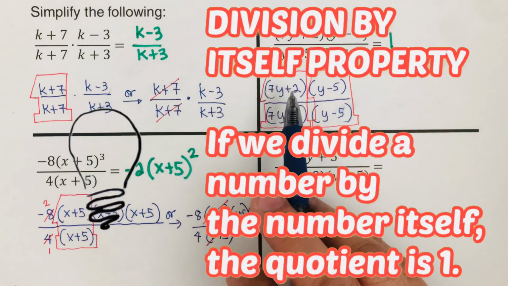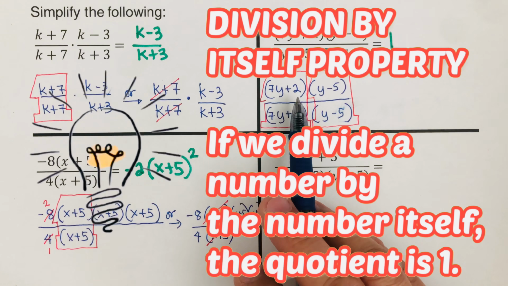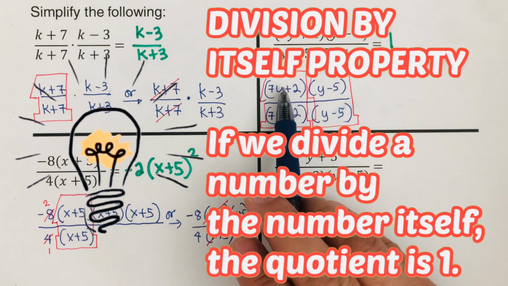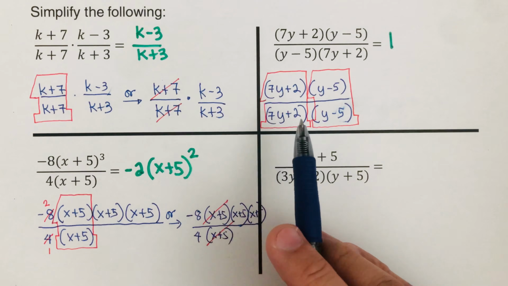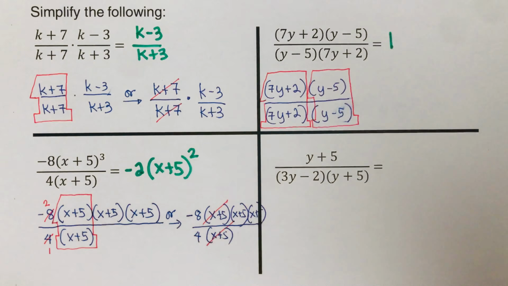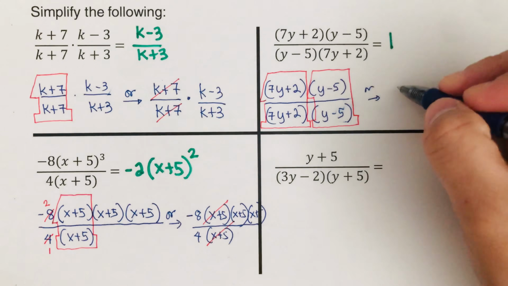So we remember the division by itself property, which states that if we divide a number by a number itself, then the quotient is 1. So since this numerator and this denominator are the same, then this is equal to 1. So 1 times 1 is 1. Or we can cancel them out.